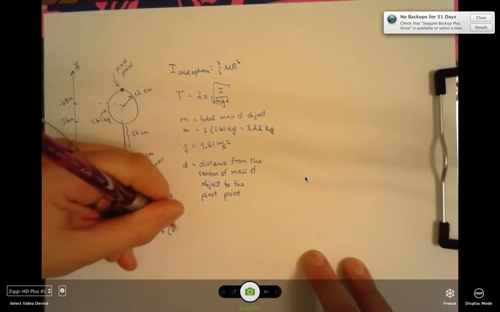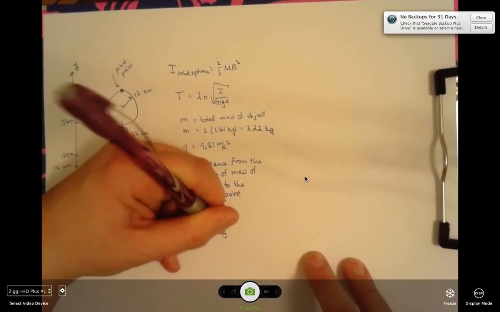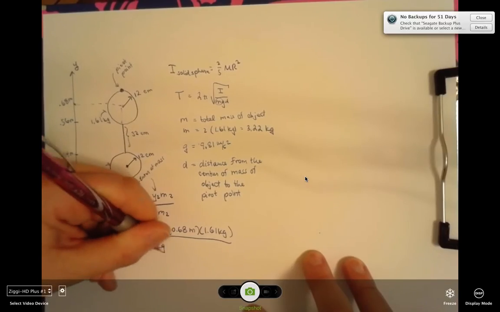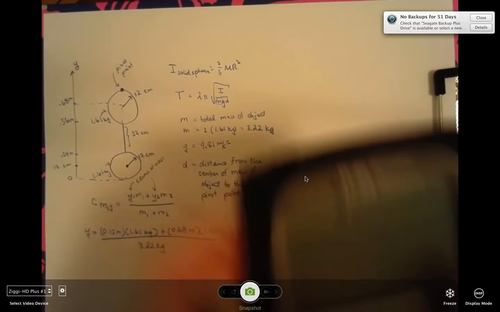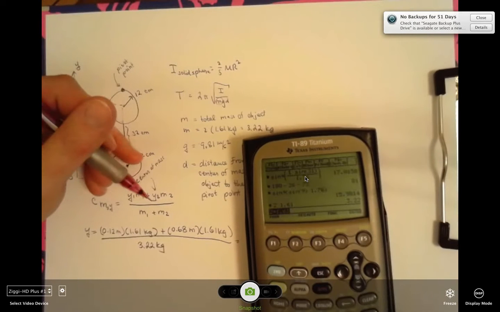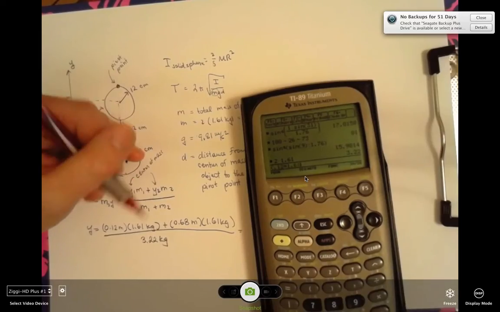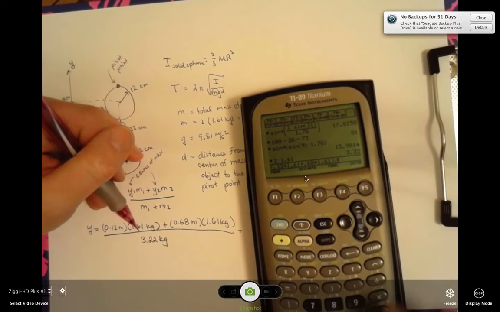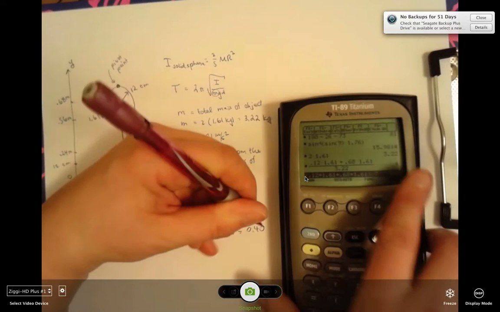So 0.68 meters times 1.61 kilograms, divided by 3.22 kilograms. The center of mass of the whole thing is 0.12 times 1.61 plus 0.68 times 1.61, divided by 3.22, which is 0.40 meters.